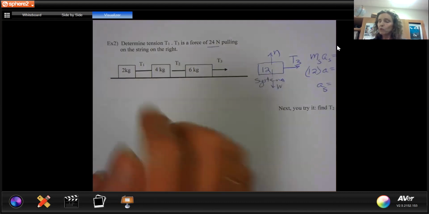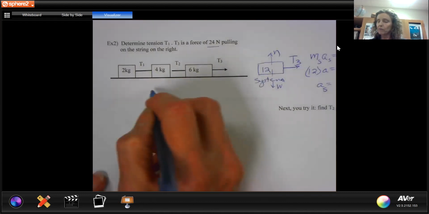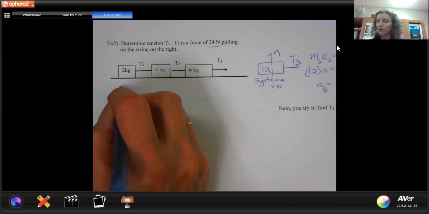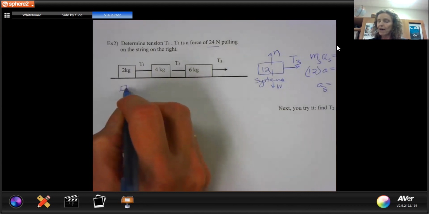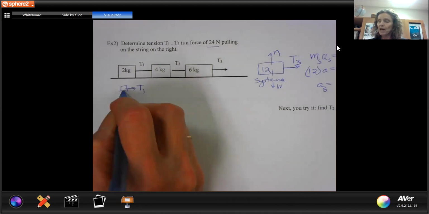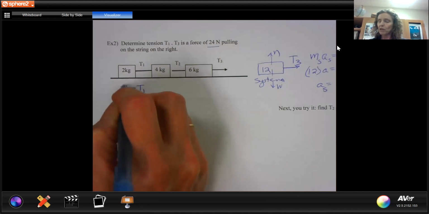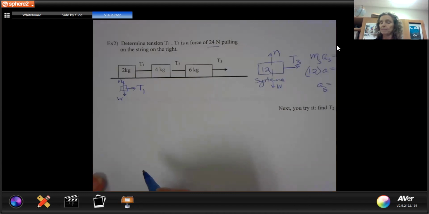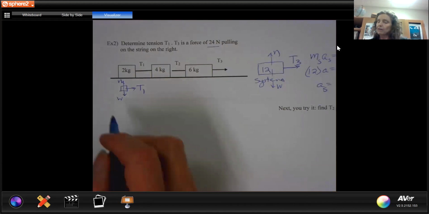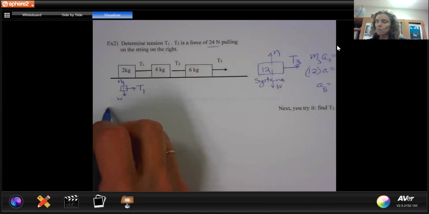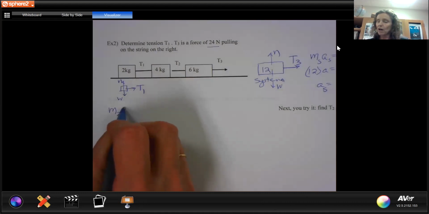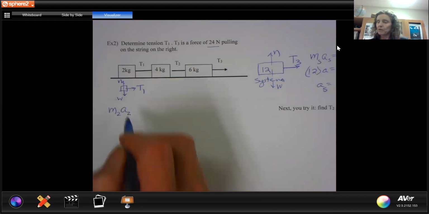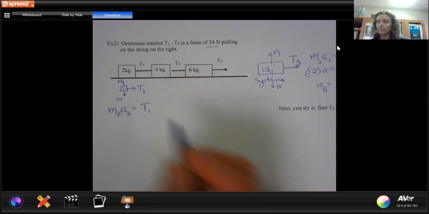So the sum of all forces on T1 is going to come from this little tiny free body diagram right here, where I have a force called T1, I have weight down, I have normal up, and that's all I have. So that thing is clearly going to accelerate to the right. So now I can go, okay, that means net force or mass times acceleration on the 2 kilogram block will equal the force we're calling T1.